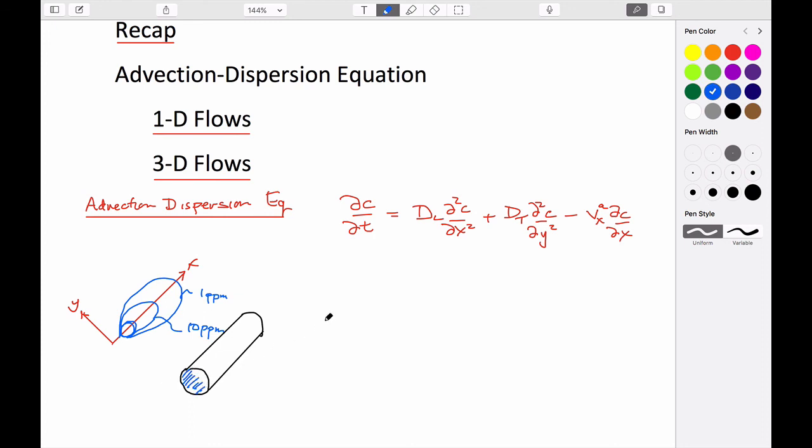This is the upstream side, and this is for transport along here, which is the advective velocity in the x direction. And this is the geometry that we're dealing with.